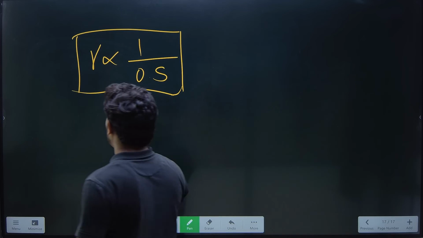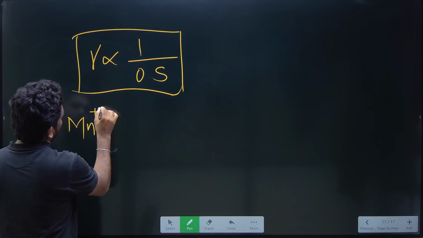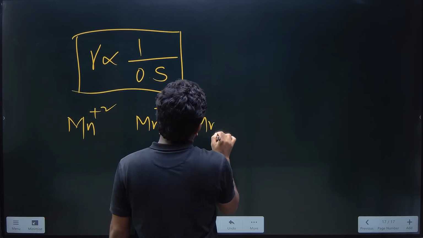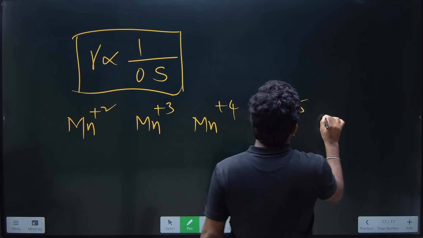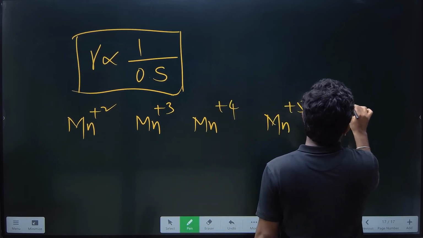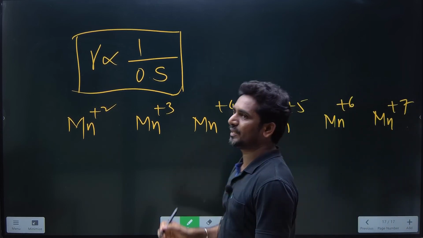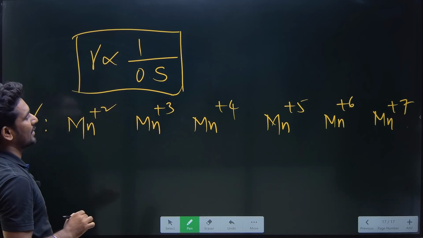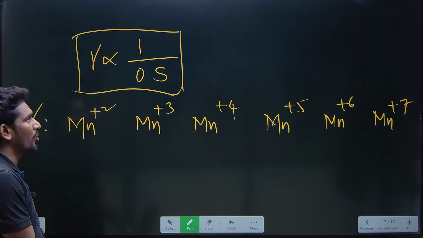Now tell me, arrange them in decreasing order of their size: Mn+2, Mn+3, Mn+4, Mn+5, Mn+6, Mn+7. Arrange them in decreasing order of their radii. Radii किसको ज्यादा रहते? बोलो.